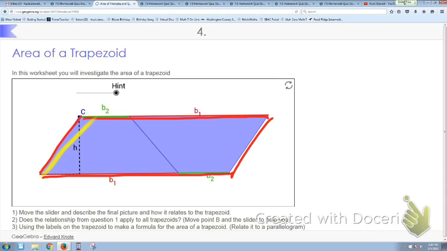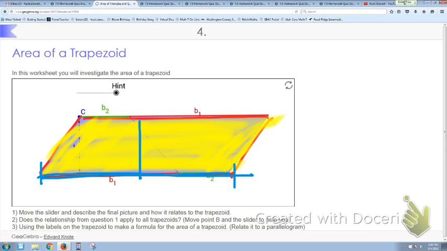So if you think about it, the entire area, all of this space in here, can be shown as base times height. Only this parallelogram, the distance between here and here is going to be base 1, right?